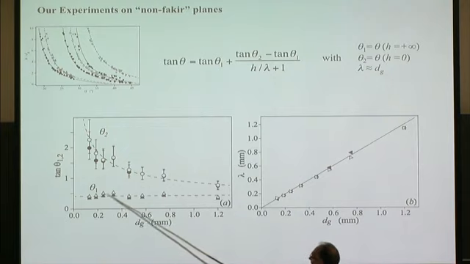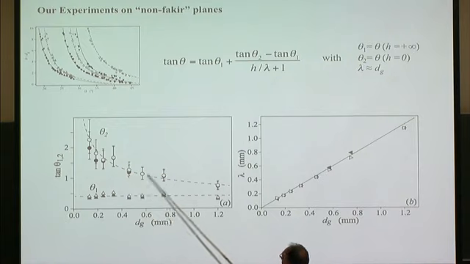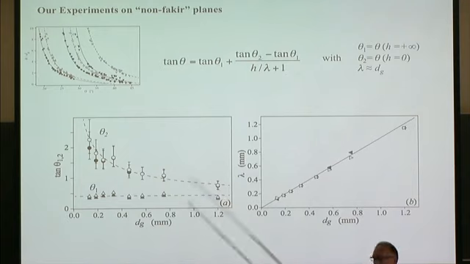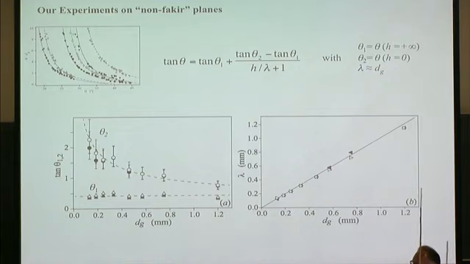Theta 1 is about constant, whatever the grain diameter, and theta 2 decreases when the grain diameter increases. This is due to the constant roughness of the plane.